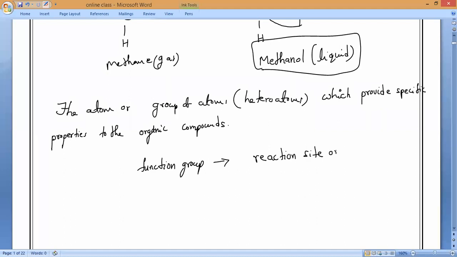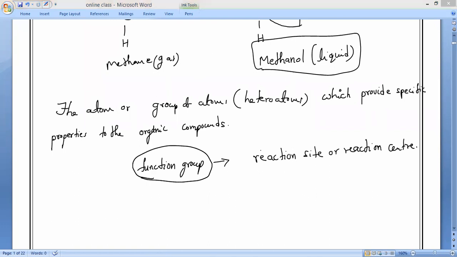Reaction site or reaction center. So majority of the chemical properties of a given organic compound is due to the functional group only. So functional group only will decide the chemical properties of a given compound. That is what you have to remember.